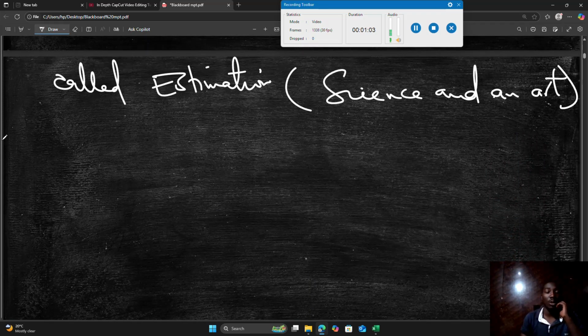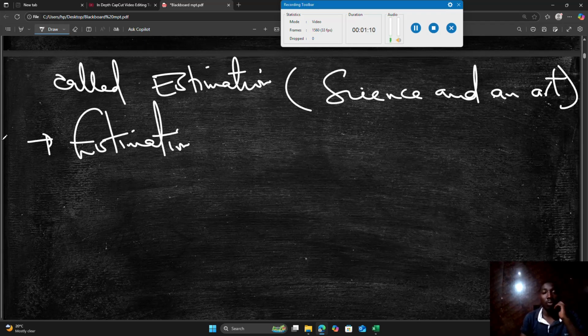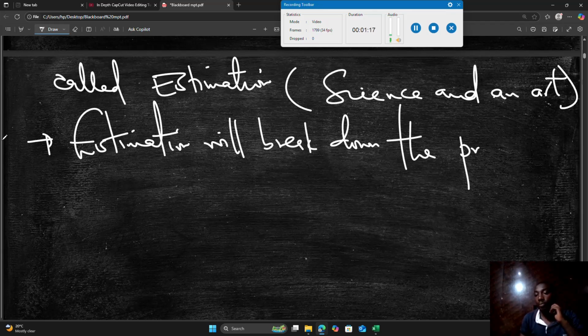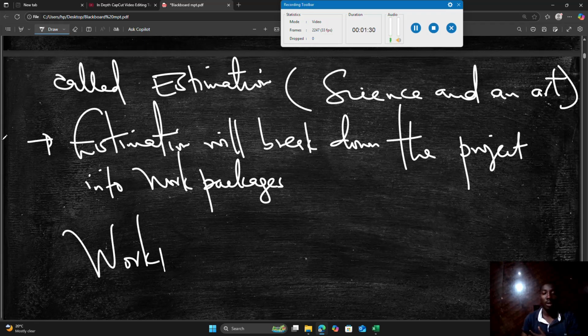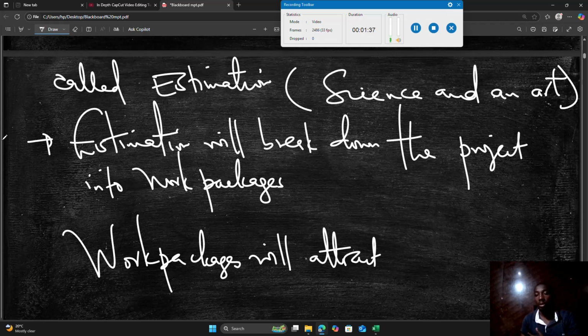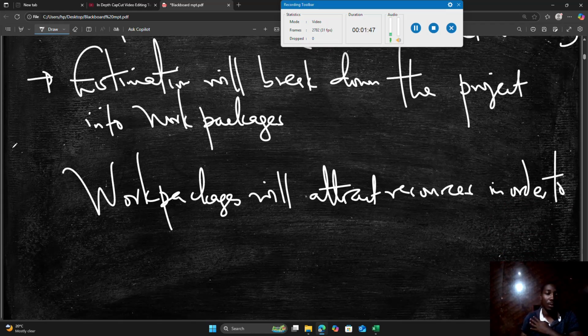So when we are looking at estimation, estimation will break down the project into work packages, and these work packages will attract resources in order to be executed.